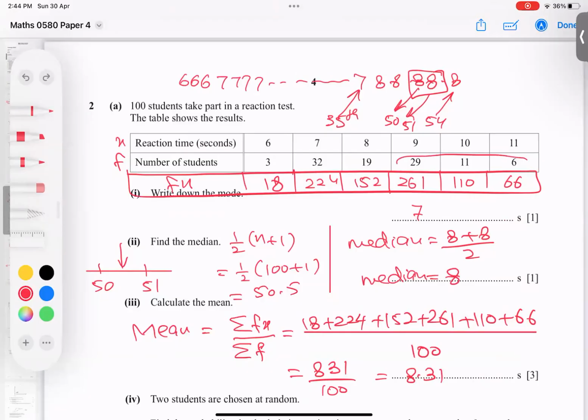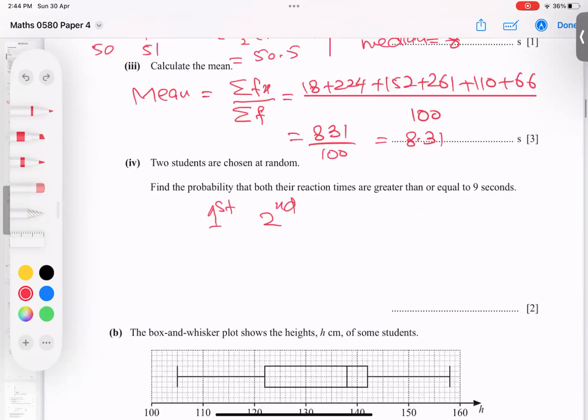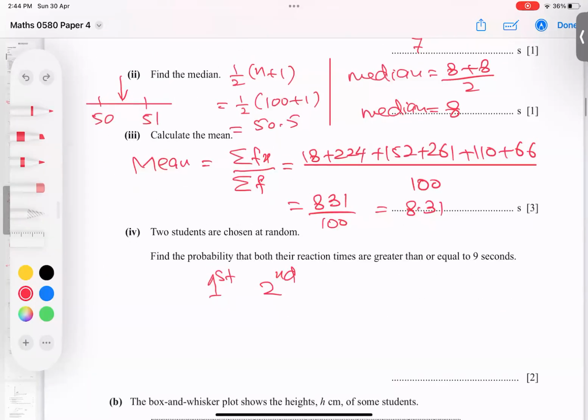Add these values: 29 plus 11 plus 6, which becomes 46. So 46 students out of 100 have a reaction time of 9 or more. This is called the first student. And whenever two are chosen, it means it's behaving as without replacement.